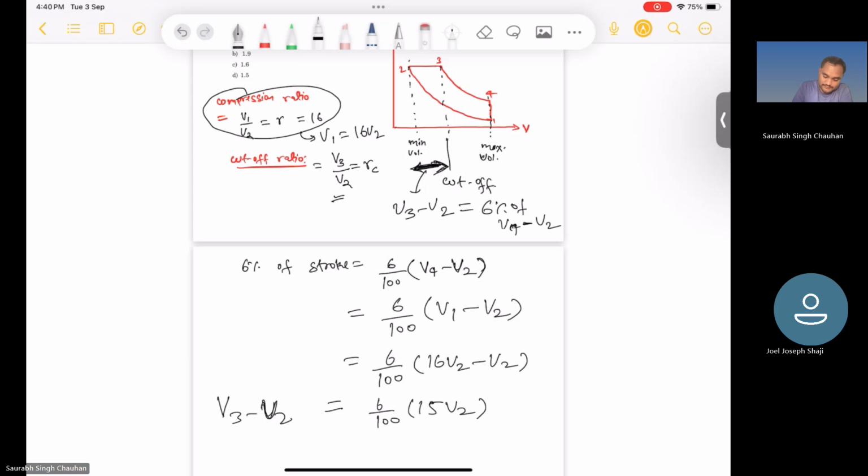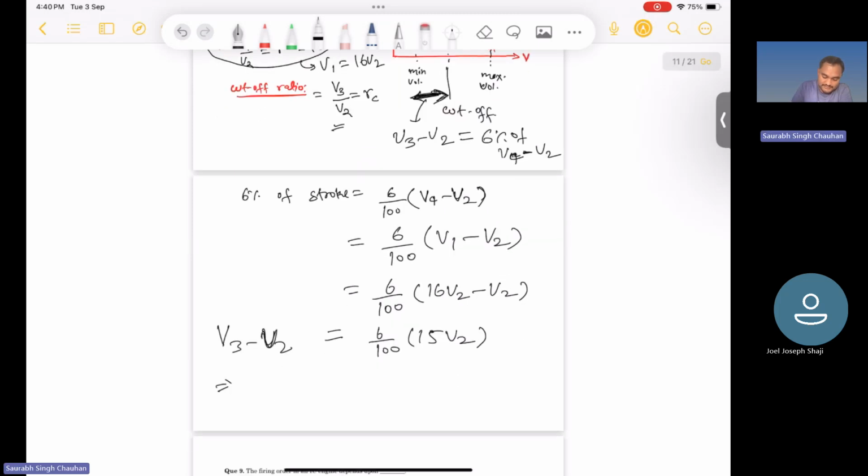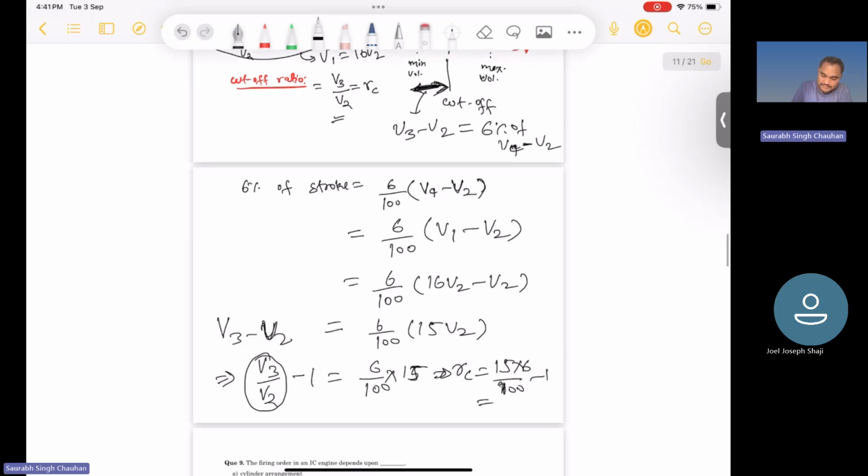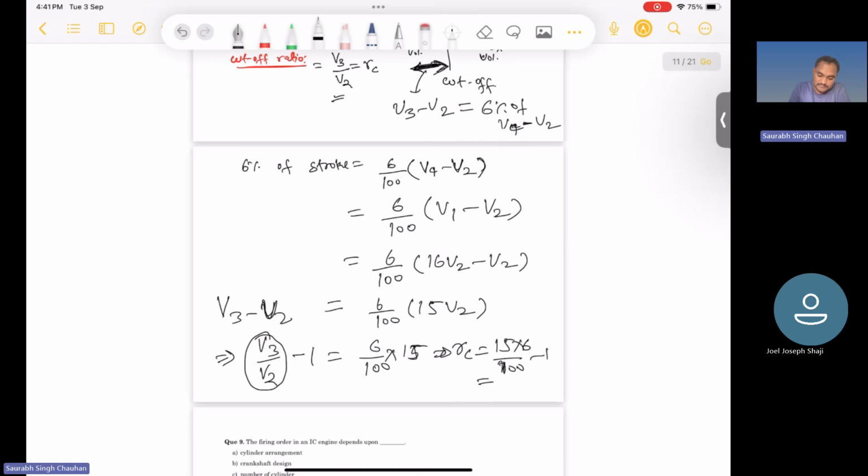Now it is very easy to solve this question. Just divide both sides by V2. So we get V3 by V2 minus 1 is equal to 6 by 100 into 15. This is the quantity V3 by V2 that we have to find, the cutoff ratio. So cutoff ratio will be equal to 15 into 6 divided by 100, minus 1. So just calculate this value.